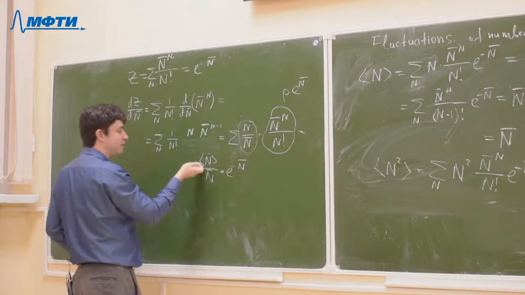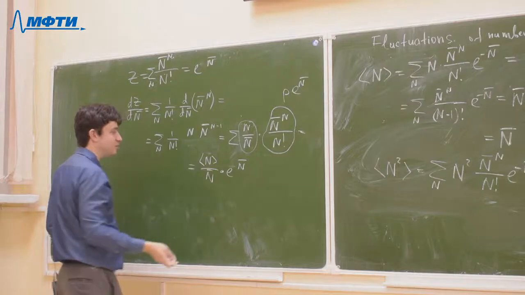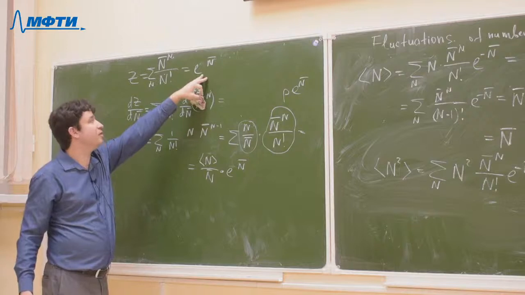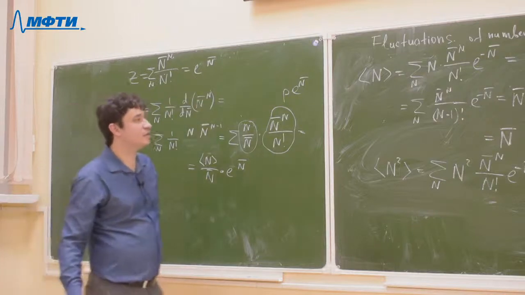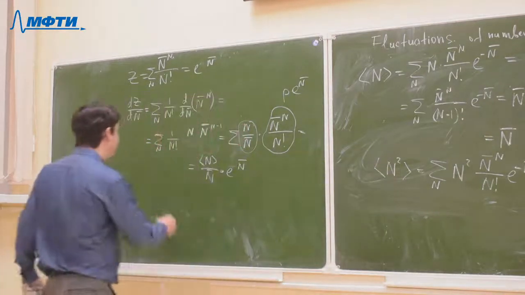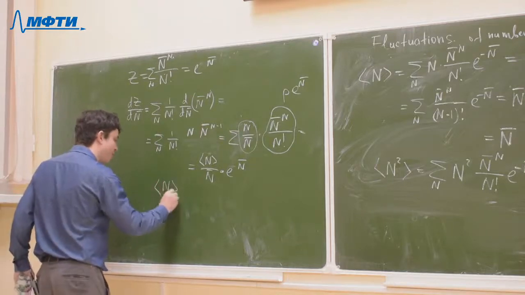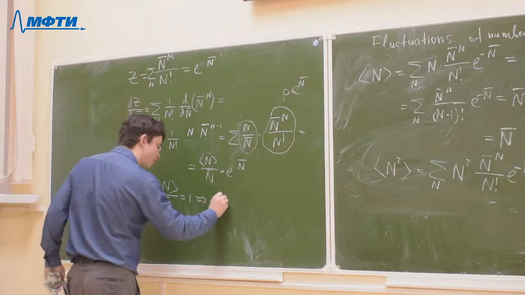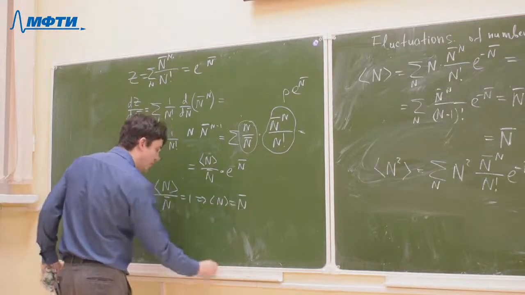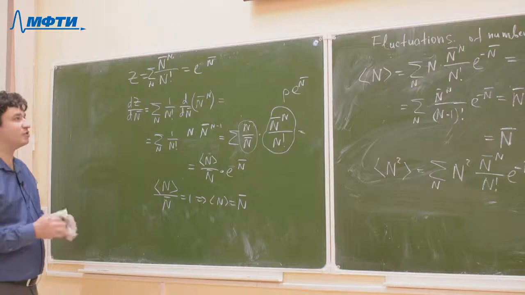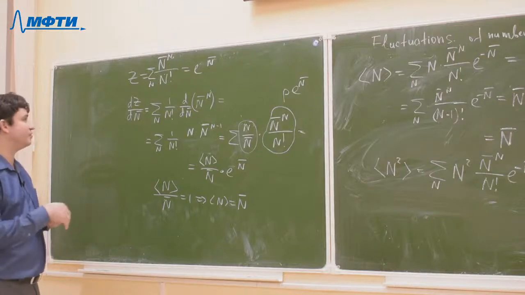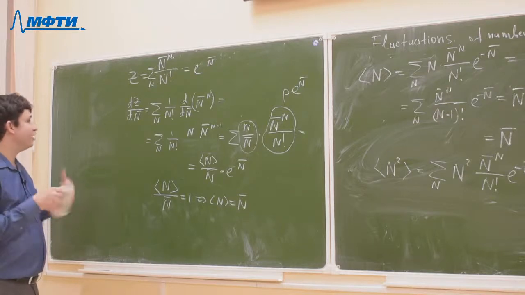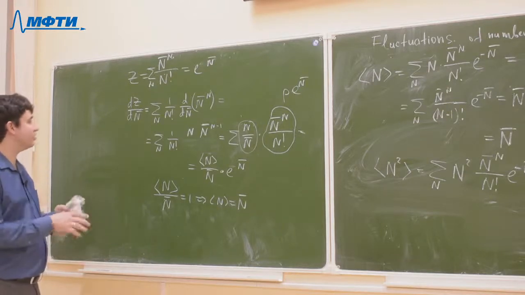And if I take the derivative of the final expression, I get the same result as I obtained previously. Okay, so this means that we have a productive method to calculate averages in the Poisson distribution, and then we need to make another calculation of a derivative.